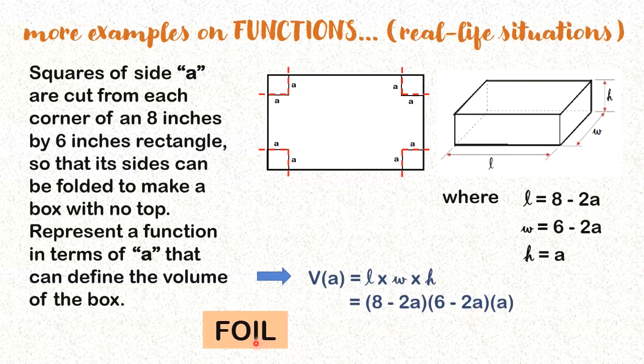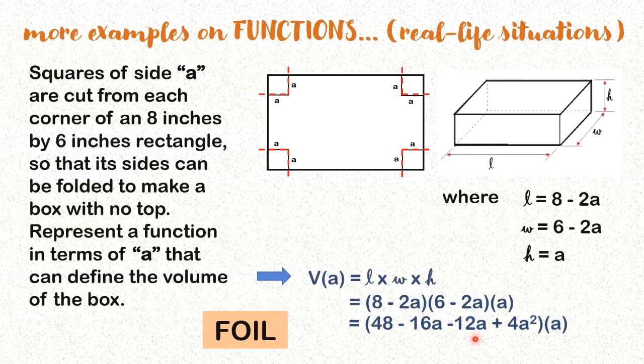And then, inner terms. Yung dalawang nasa gitna. Ito. Negative 2a times 6, you'll get negative 12a. And then, finally, last terms. So, yung last term dito, negative 2a times negative 2a, you will get positive 4a squared. You're going to have this. And then, you may want to collect like terms.